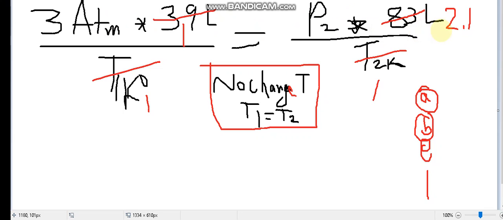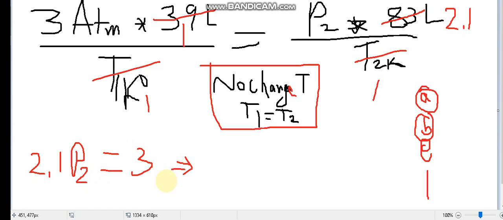So 2.1 P2 is equal to 3. Therefore, P2 is equal to 3 over 2.1. Actually, we know already that 3 over 2 is 1.5, but because of this one, it is a little less, so I will just write 1.4.